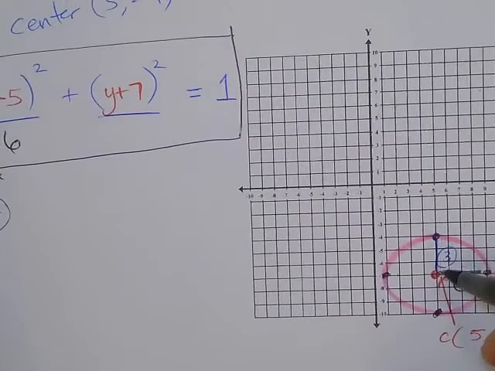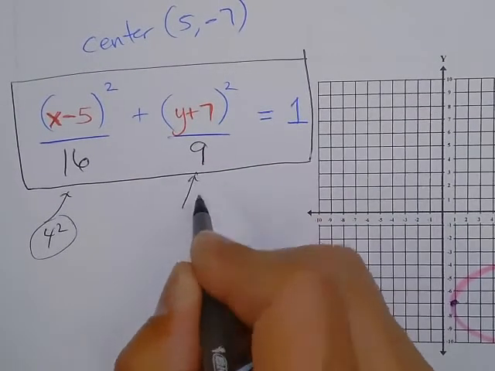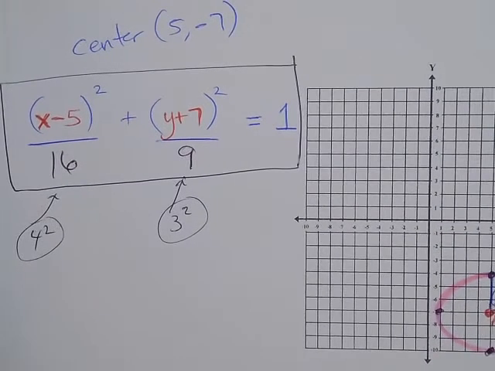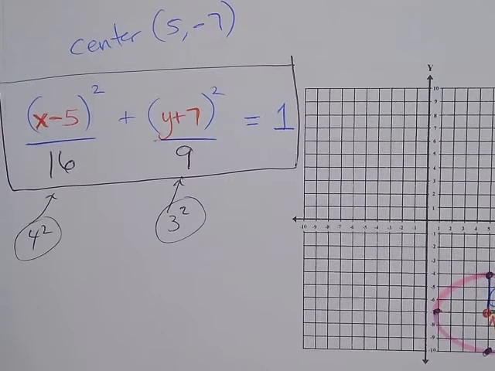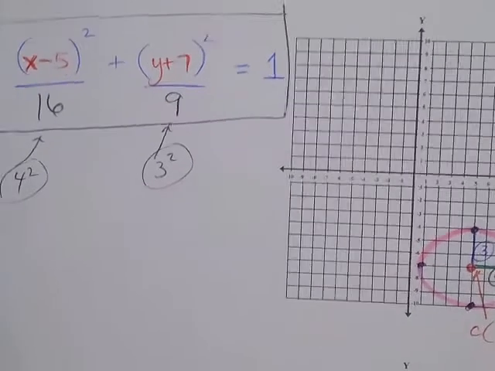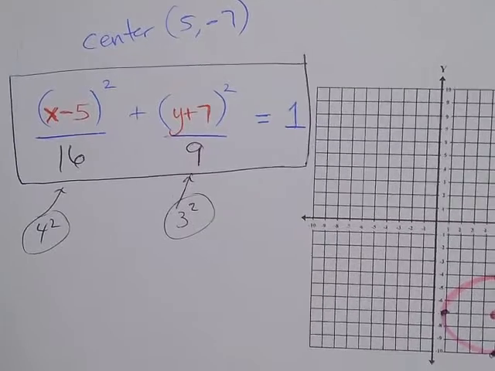There's a number that I need to put under here. Y was 3, but you got to square it, right? So that's going to be 9, because that's 3 squared. Okay, questions? We're good? We can handle that?